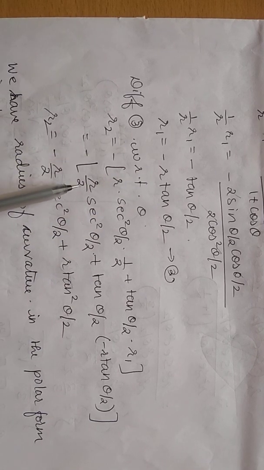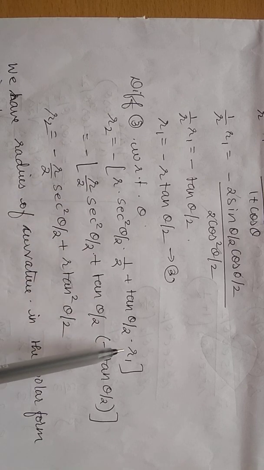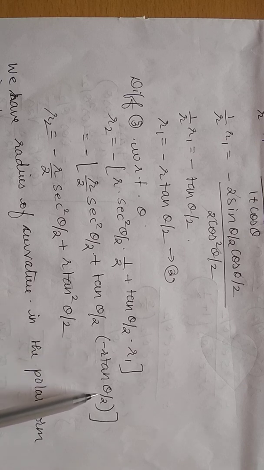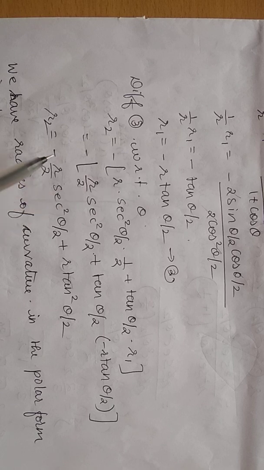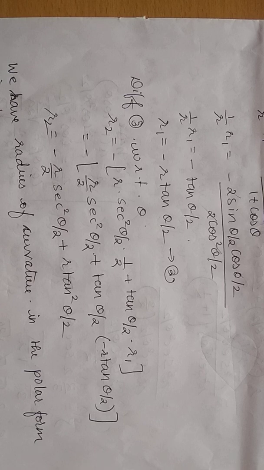So minus r by 2 sec² θ/2, and r1 is minus r tan θ/2. So minus into plus is minus r/2 sec² θ/2, plus into minus is minus, minus into minus it is plus r tan² θ/2. Have you got r2 now?